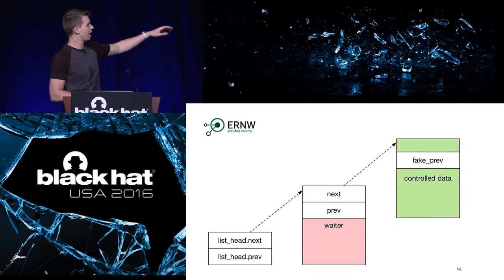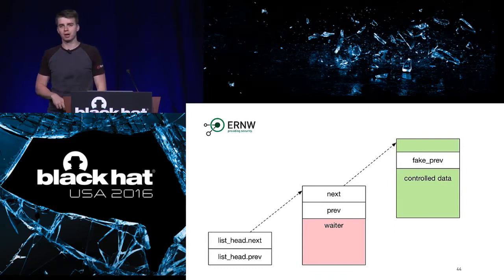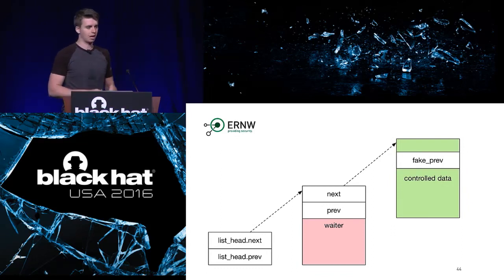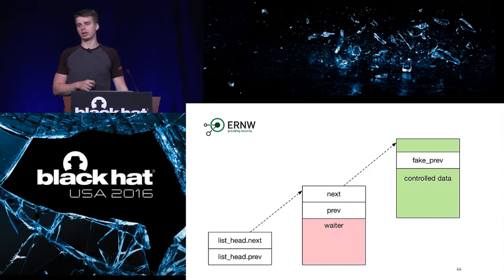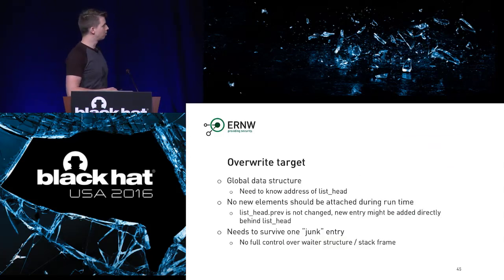So you have this list head.next, then a pointer to this waiter structure. And the problem is, again, the waiter structure is kind of arbitrary junk, so we don't control that. After that, if you follow the next pointer a second time, we are landing in our controlled data. So it doesn't look too powerful.